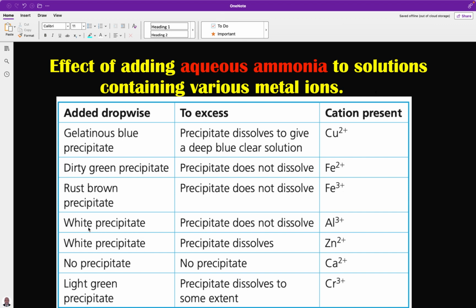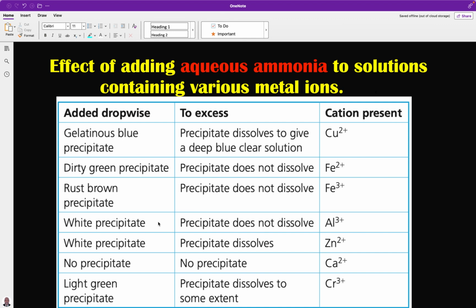Then let's move forward. Should we have another unknown salt solution, and we add aqueous ammonia to it, and we observe that a white precipitate is formed.